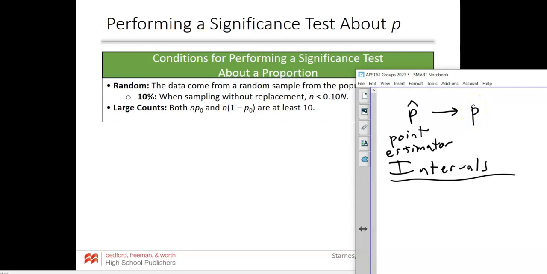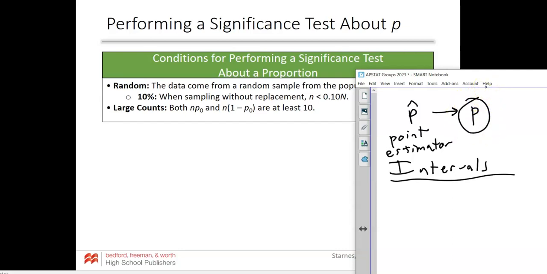Because quite honestly, we didn't know the value of p, the population parameter, we were just taking our best stab at it. That's the way an interval works. You say, that's my point estimate, that's my margin of error. I'm pretty confident the true proportion p is inside of my interval. But that's how it works, right? So we were trying to predict p.